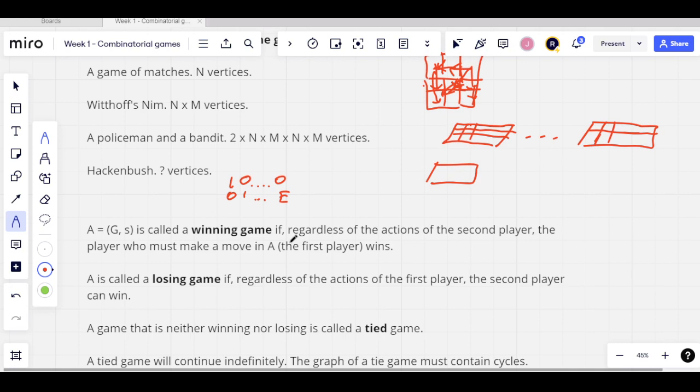And the count of states will be 2 to the power of e plus 1 in this example, because we have 2 to the power of e plus 1 combinations of this sequence.